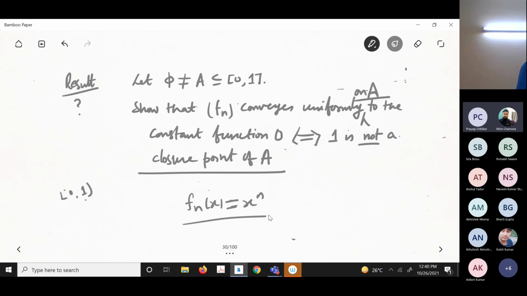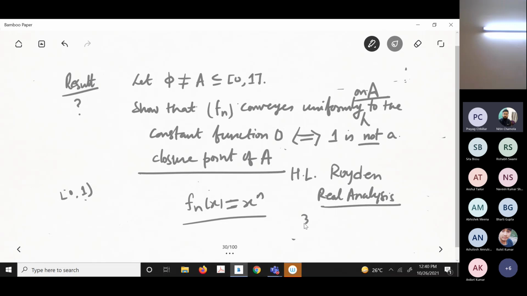You can read the theorem. Okay, and actually the best thing you can prove with this is Royden's Real Analysis, H. L. Royden. Usually the third edition is available in India, but now the fourth edition is also available. The fourth edition is a very revised edition, and I think Royden is not alive anymore.